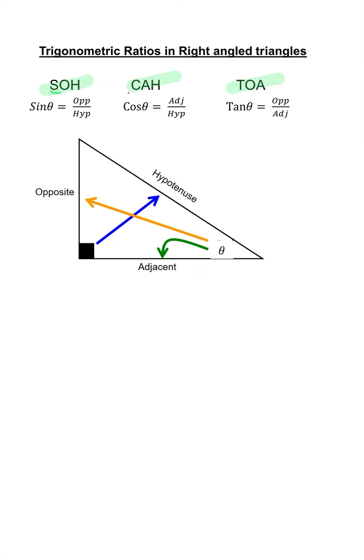So you can see it's a C. So the cos of the angle is equal to the adjacent over the hypotenuse, A over H. And then lastly we have T for tan, and then tan of the angle equals the opposite over the adjacent. So O over A. Okay, this will make more sense when we have a look at a few examples.